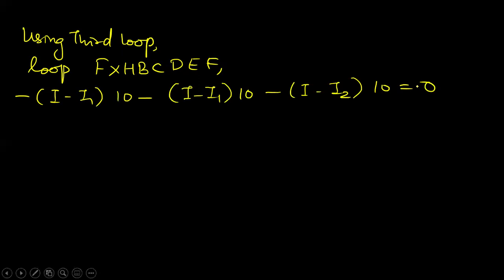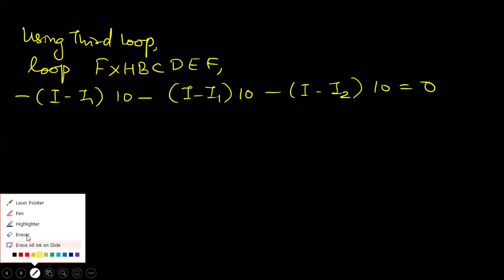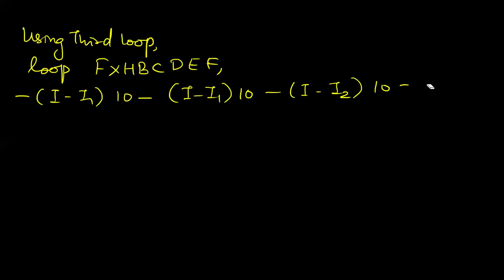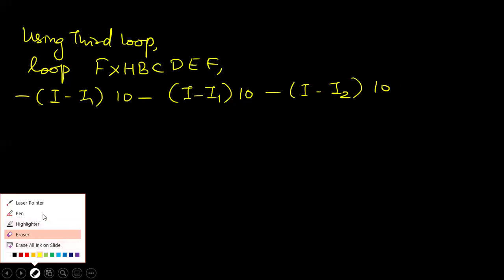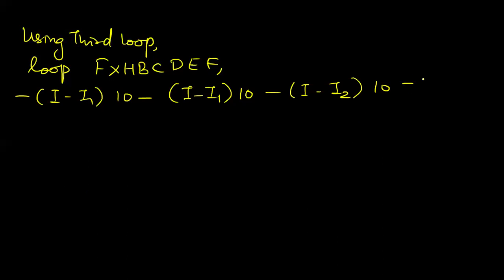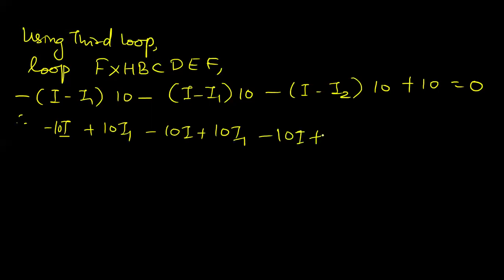For that case, it will be plus 10 in the LHS part because the EMF is there, so plus 10 equal to 0. Just open the brackets: minus 10I plus 10I1 minus 10I plus 10I1 minus 10I plus 10I2 plus 10 equal to 0.